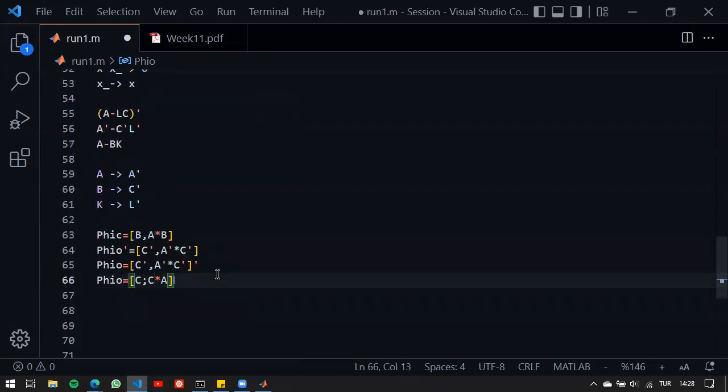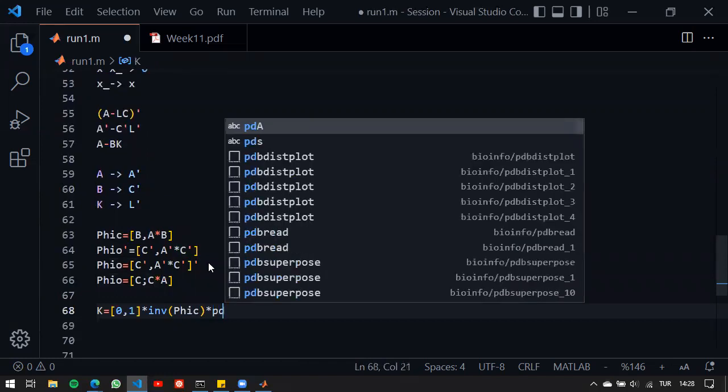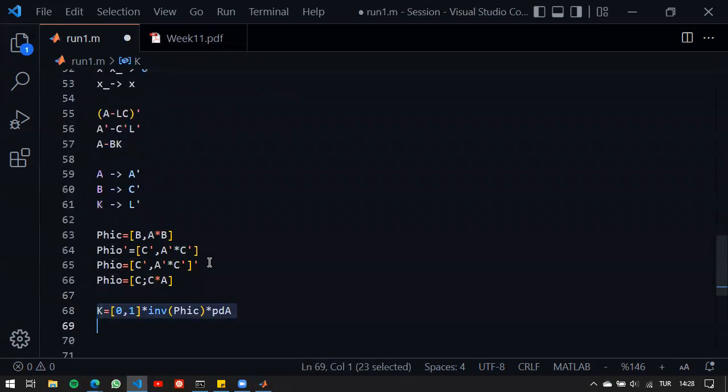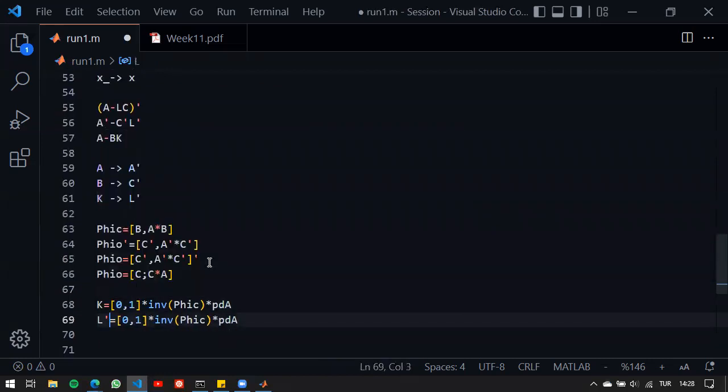Therefore, my Ackermann formula for K, if I inspect that, is 0, 1 times the inverse of phi C times PDA. Instead of using this, I can just plug in L transpose, phi O, and again, PDA transpose.